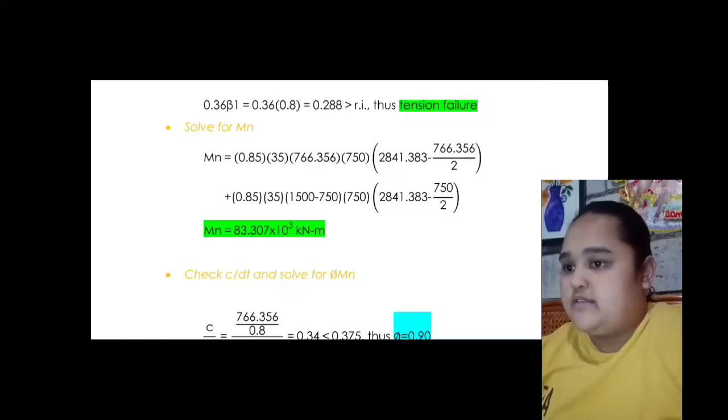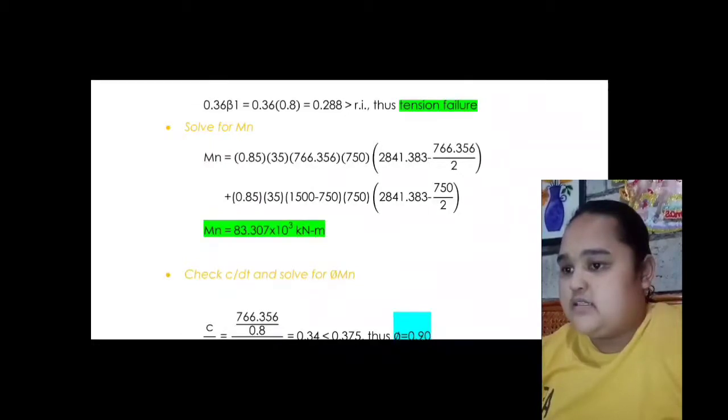Solve for MN. MN is 0.85 times 35 times 766.356 times 750 times (2,841.381 minus 766.356 over 2) plus 0.85 times 35 times (1,500 minus 750) times 750 times (2,841.383 minus 750 over 2).